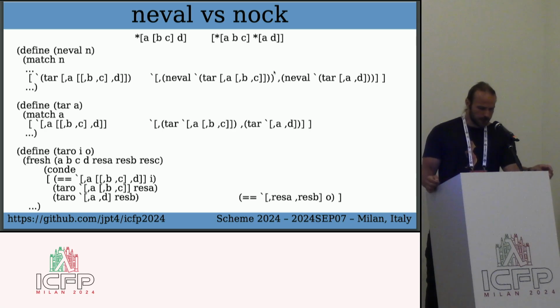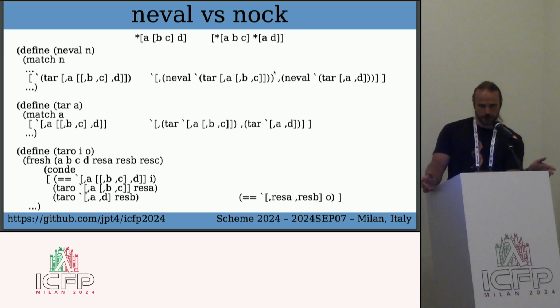And so at the top, we see here defining neval, and in fact defining interpreters for Nock in general, when you have the affordances of Scheme, are quite straightforward because it's just pattern matching. And so you import match in Racket, and then you can construct the reduction rules using quasi-quote.